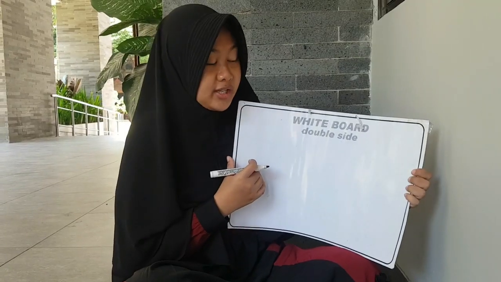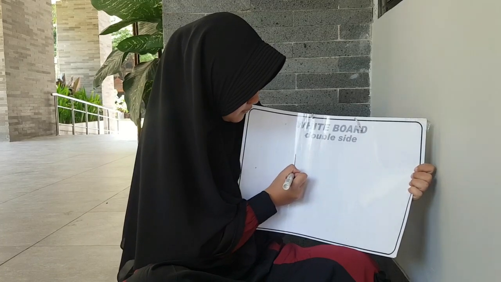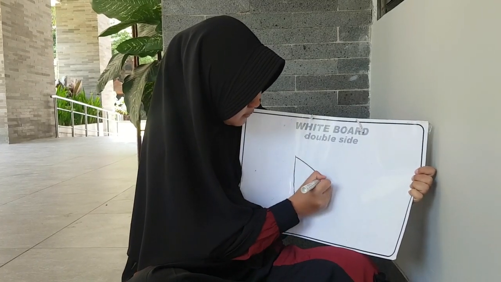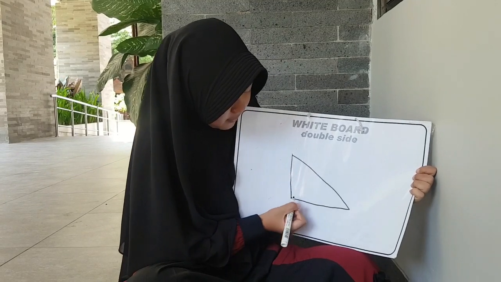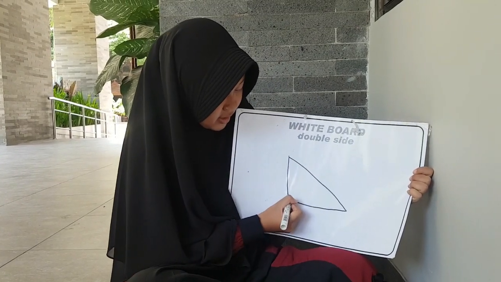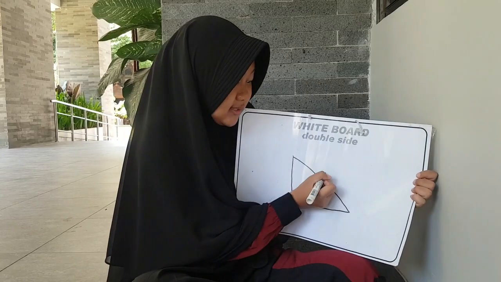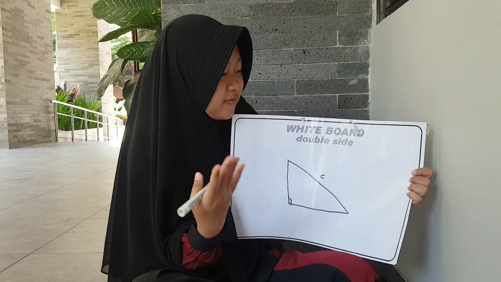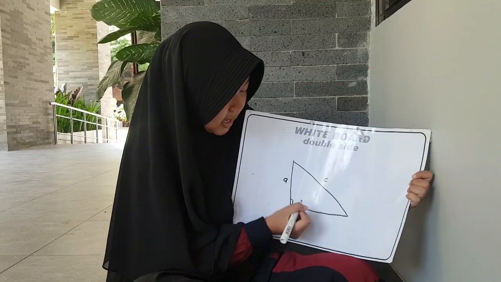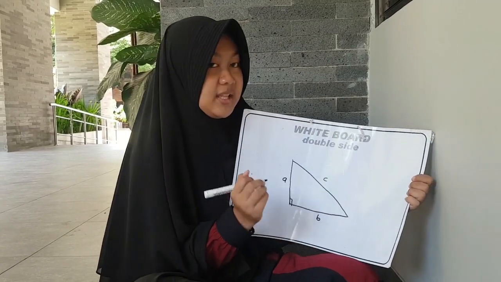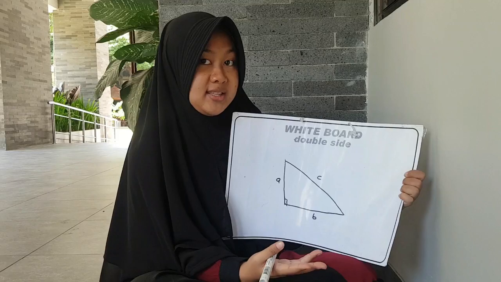Now we will draw a triangle. Like this, a right triangle. Then we put C as the length of the hypotenuse, and we put A and B as the lengths of the other two sides.